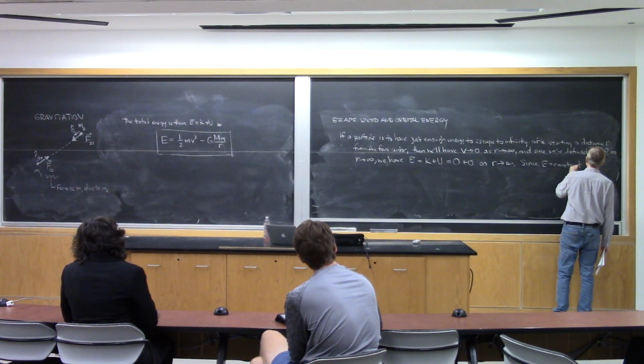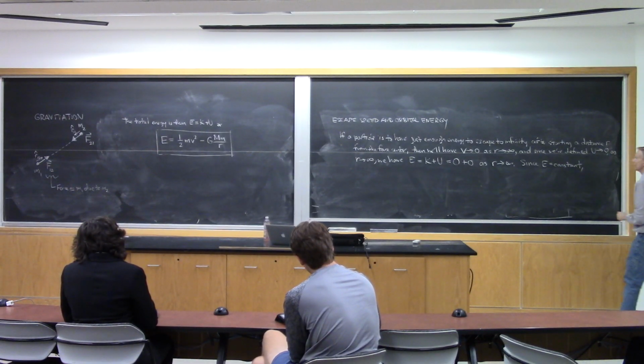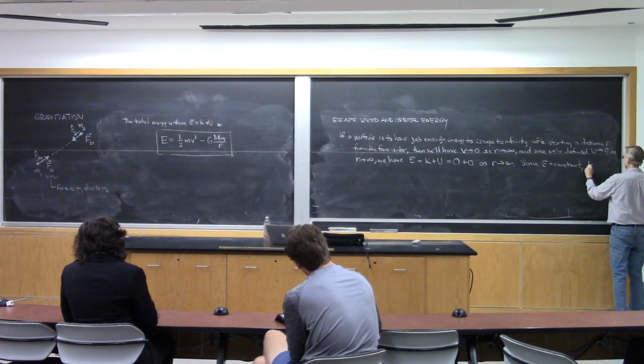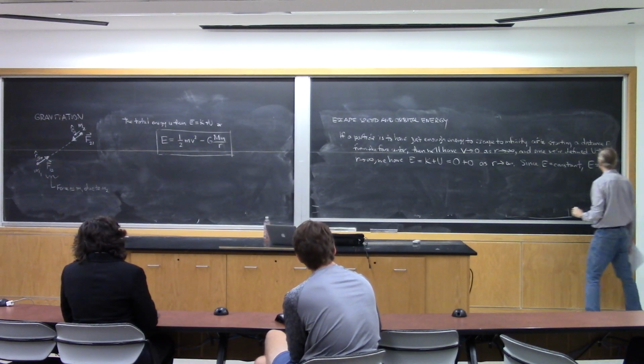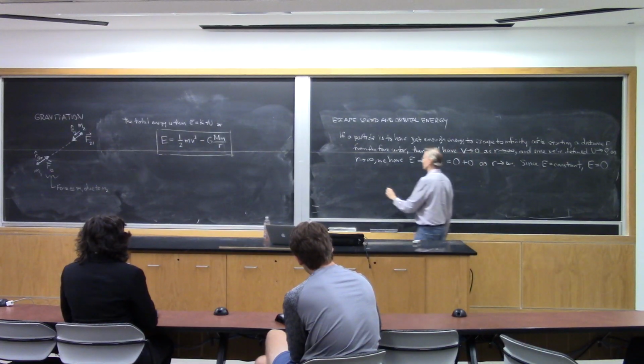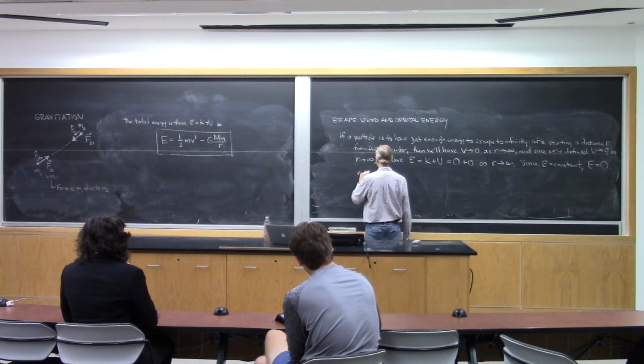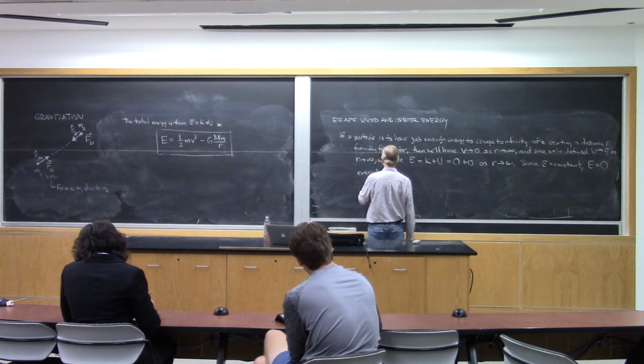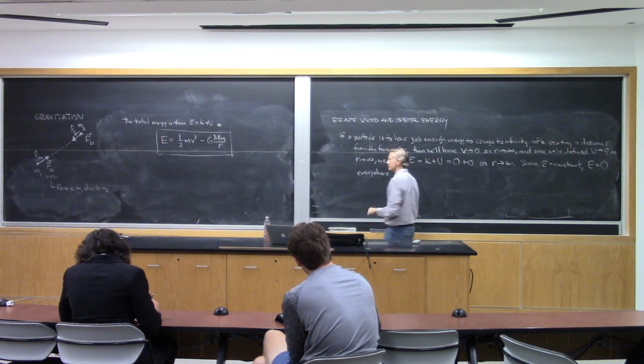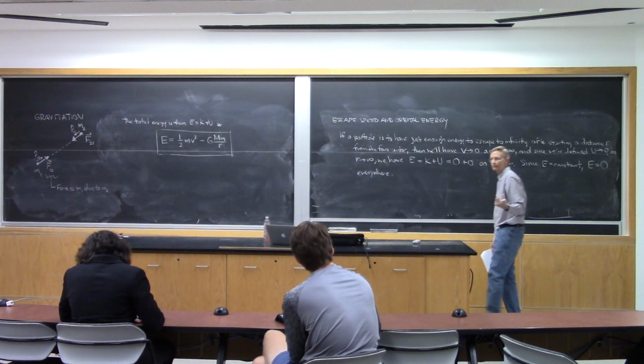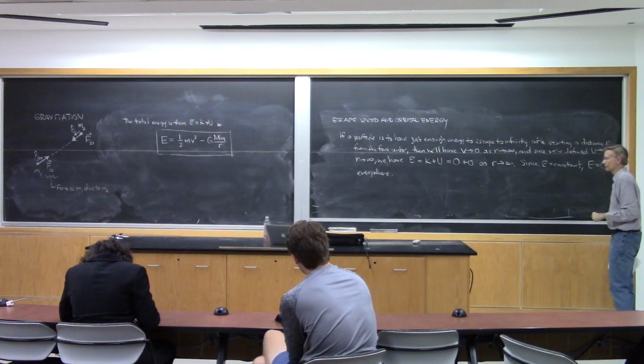Since E is constant, it's not just going to 0 as r goes to infinity. E is just plain equal to 0 everywhere, no matter where the particle is. In other words, its kinetic energy is always equal and opposite to its potential energy in this situation.